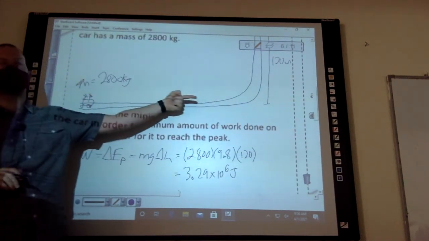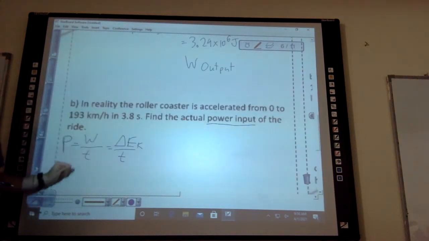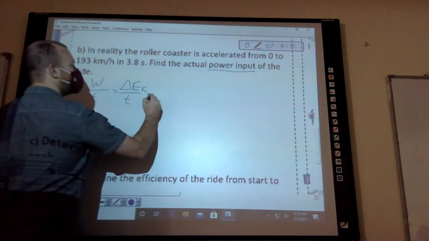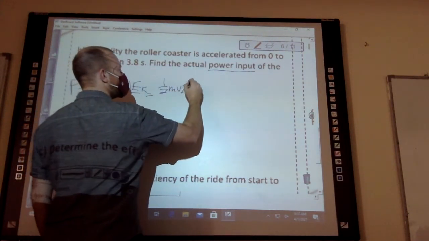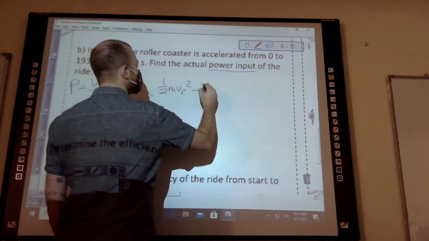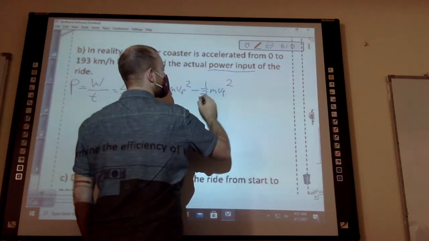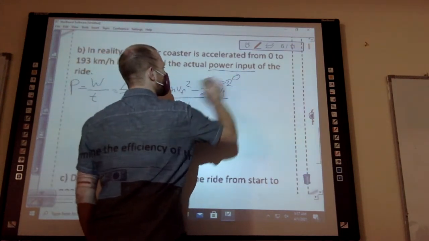This is where the acceleration happens. So I first need to figure out the change in kinetic energy. This will be a half m vf squared minus a half m vi squared. Conveniently, that's just going to cancel out, so get rid of that.